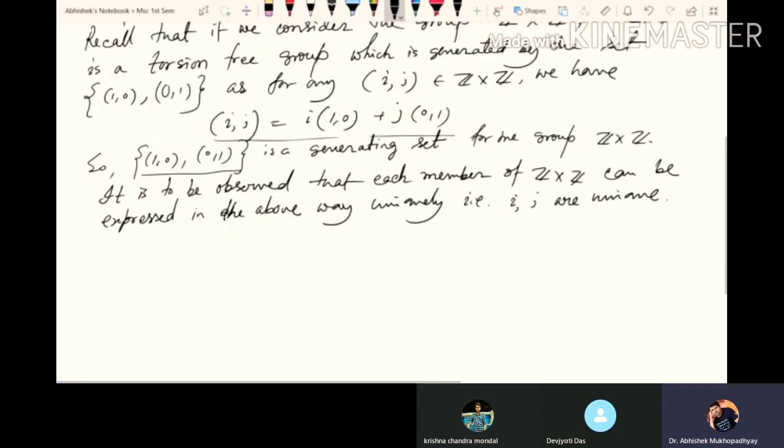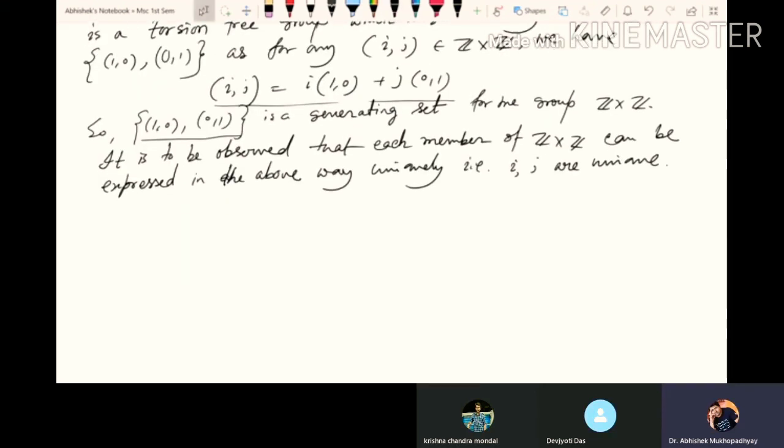And keeping in mind this property, we are to state a theorem which deals with this property in general.